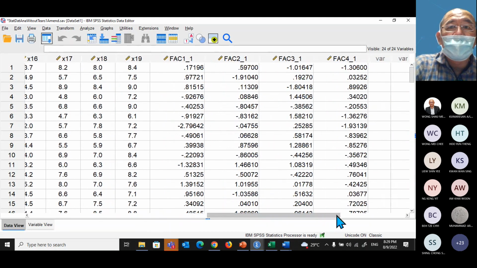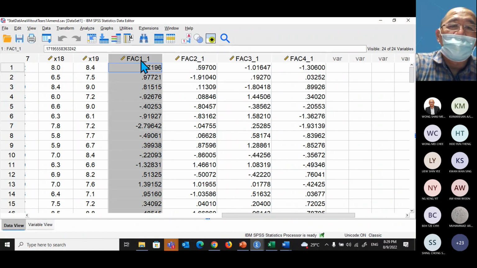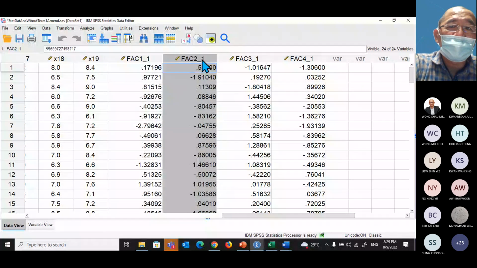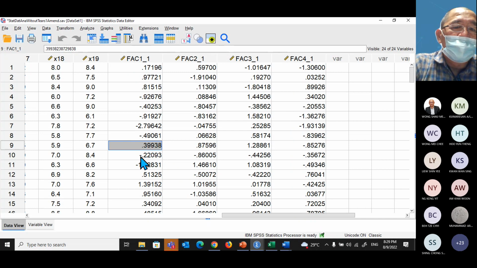You can see here there are 4: factor 1, factor 2, factor 3 and factor 4. So if you use these, it is not going to offset. We will see it a bit later.